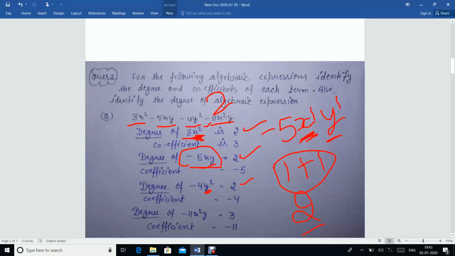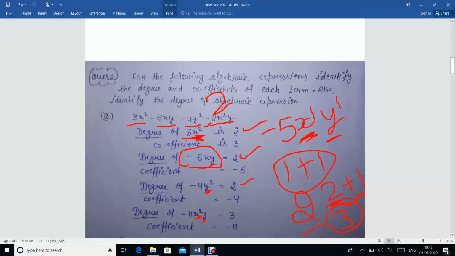The next term is minus 11x square y. Here you can see that there are two variables, x square and y. The power of x is 2, and for y there is no written power, but y comes only once, so 1 will be the power of y. So 2 is the power of x and 1 is the power of y, and 2 plus 1 is equal to 3.